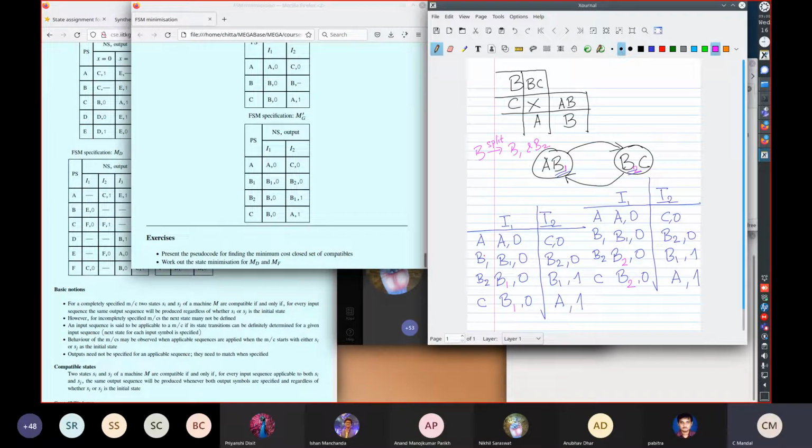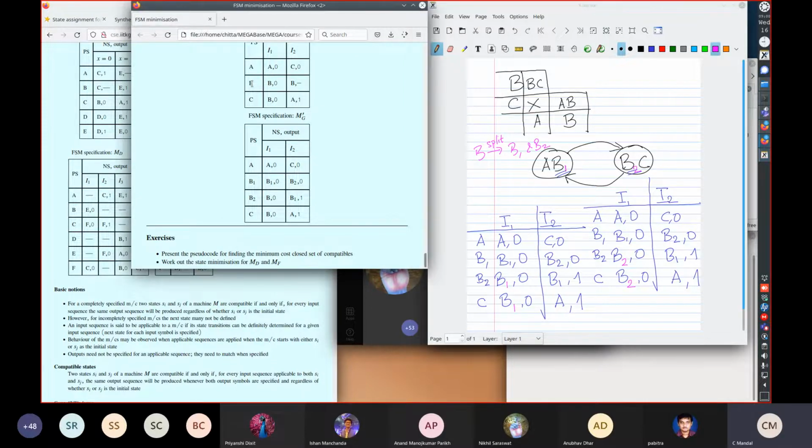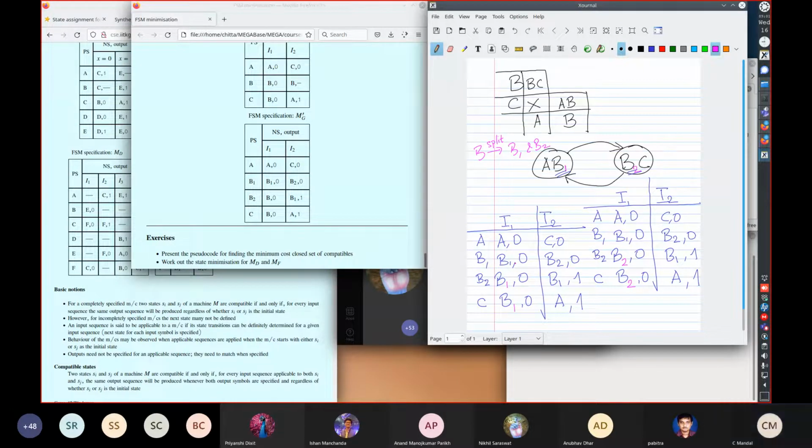Okay. From state B1, if you look at the original machine, it is going from B to B with an output of 0. So we keep the transition to the same state. Let us suppose that if you make a transition to B2, let us see what happens.